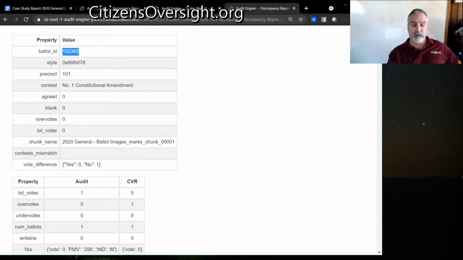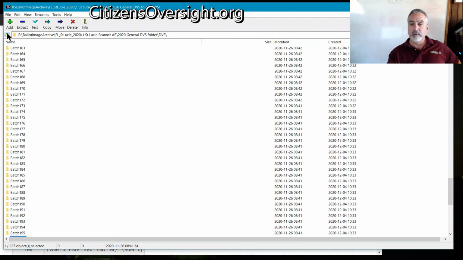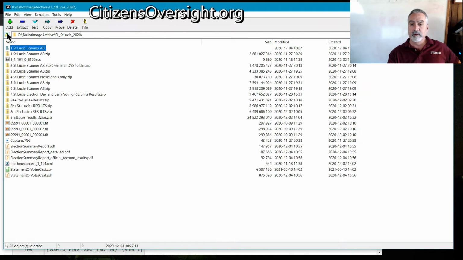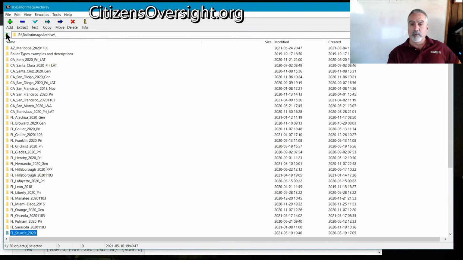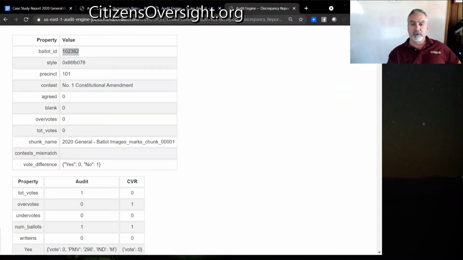102382. So for example, if somebody wants to actually look at it in Collier County, we go over to Collier County, up one more, in this election. And we would need to know which archive it's in.